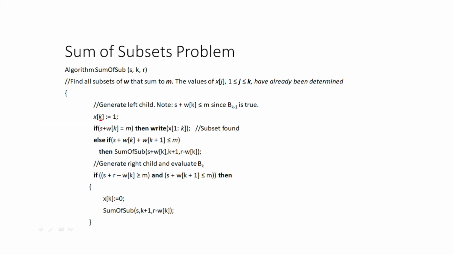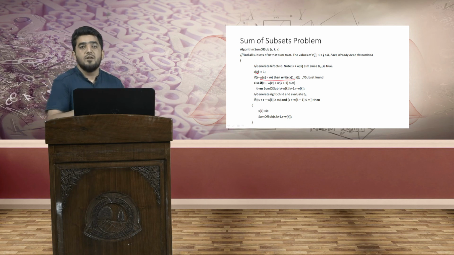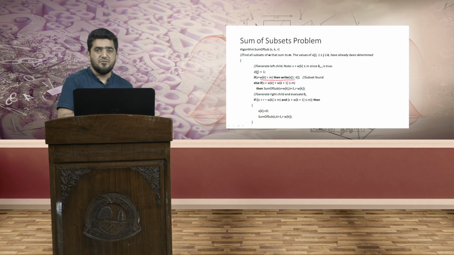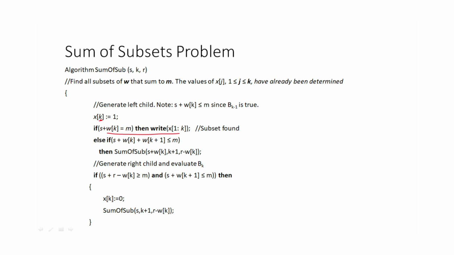If by considering this current kth weight we have found the solution, then we will simply write it. However, if we have not found the solution yet, then we will have to continue by generating the left and the right children for this particular current node. Now whether or not we have to generate the left or right child, or whether or not we will continue using this current path, we will have to check the bounding conditions, and that is what we are doing here.